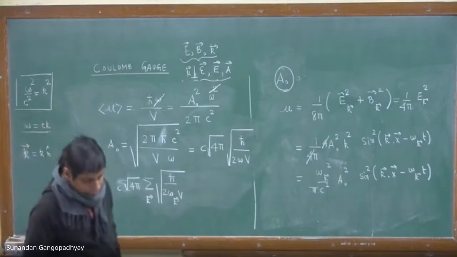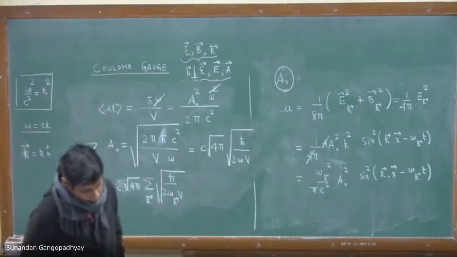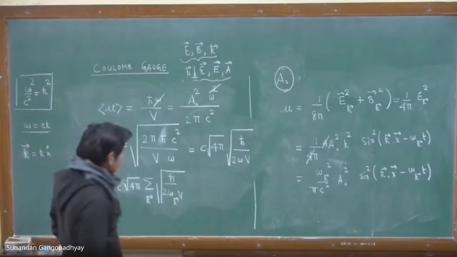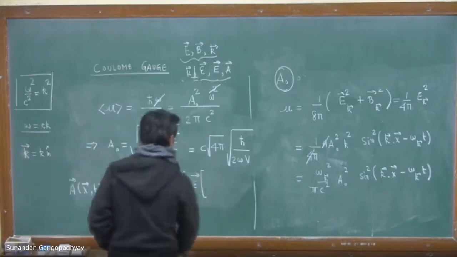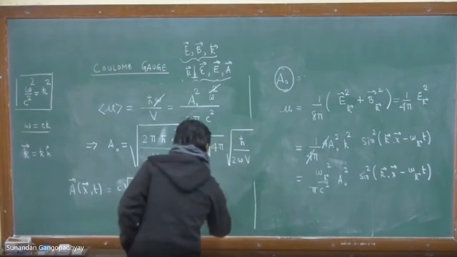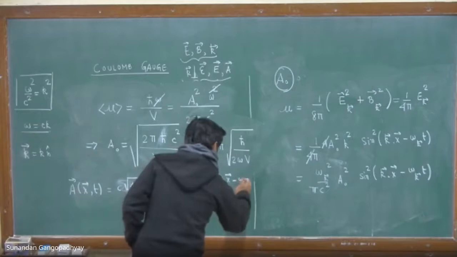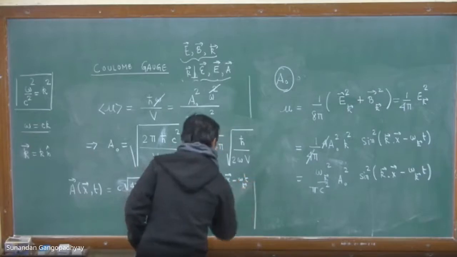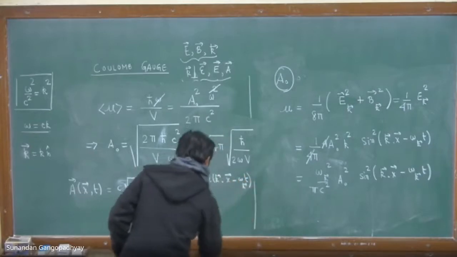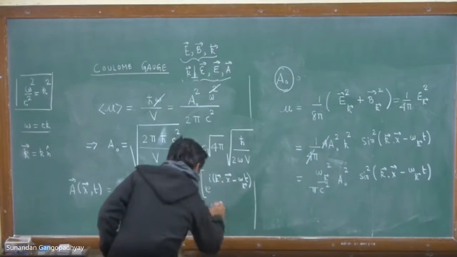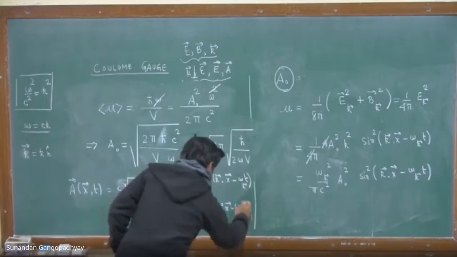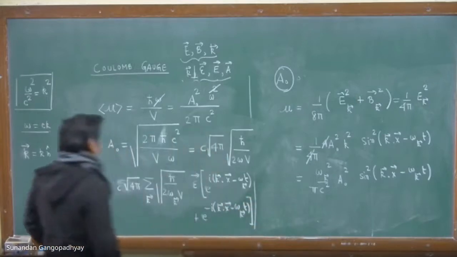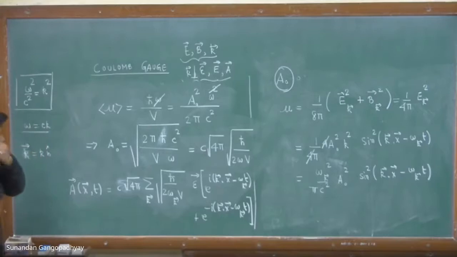And then we have what? Then epsilon vectors. Then we have e to the power of i... Okay. Plus... So this is your full expression for the A vector.